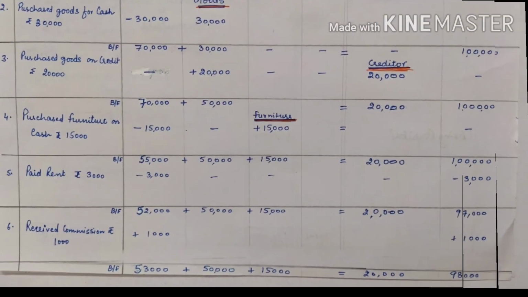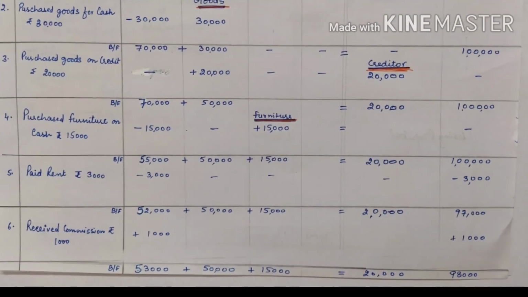Next one is paid rent rupees 3,000. Here one account is rent, another one is cash in a hidden form. Cash is an asset while rent is an expense. One thing should always be kept in mind: income and gains always increase the capital. On the other hand, expenses and losses decrease the capital.